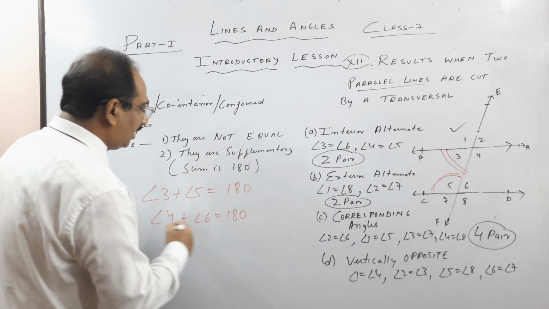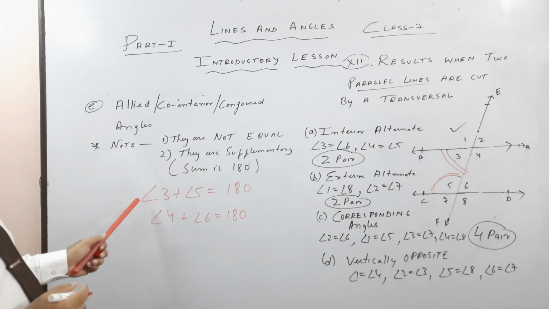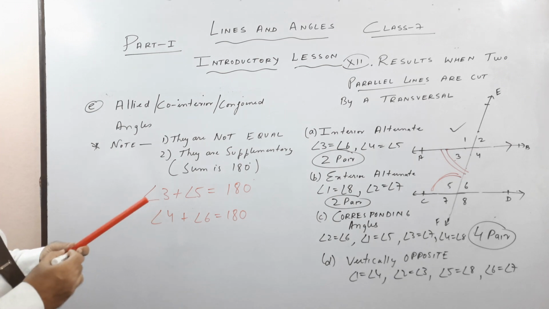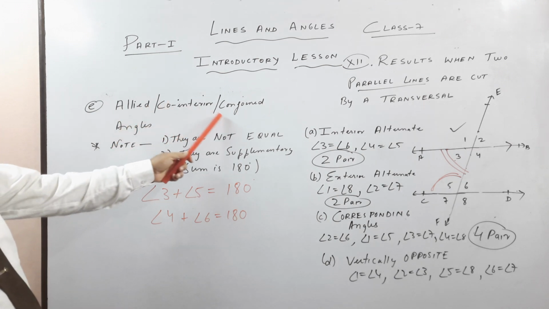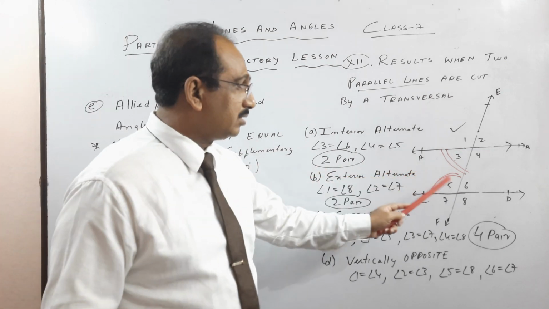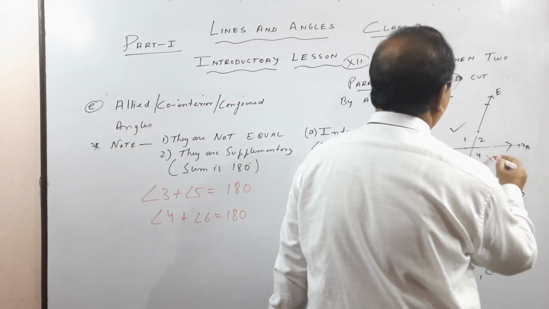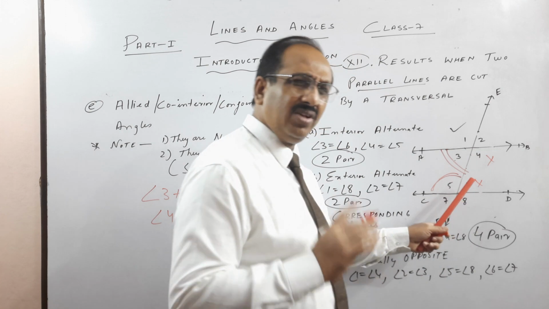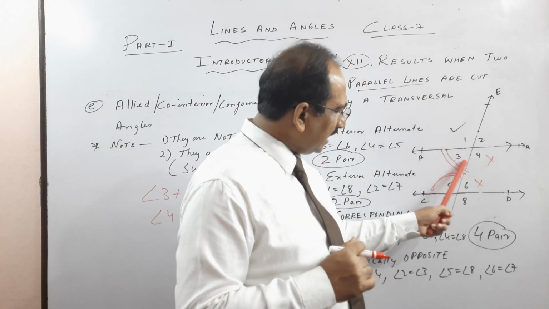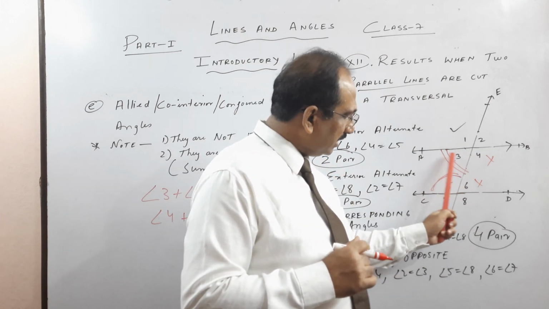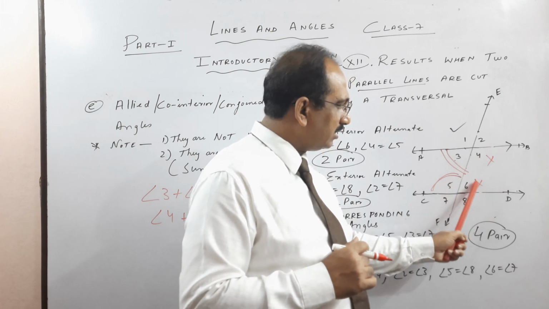Remember here it may be a little light because I am using a red color marker over here. So remember, a light co-interior conjoint, there are two pairs, 3 and 5 and 4 and 6, and they are not equal, children. Remember, this is acute, this is obtuse, this is more than 90, this is less than 90.